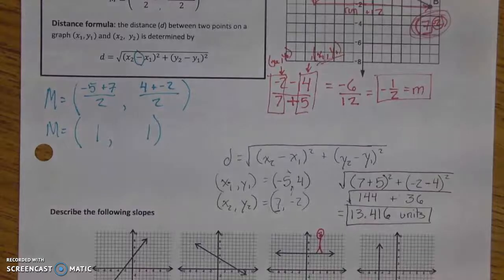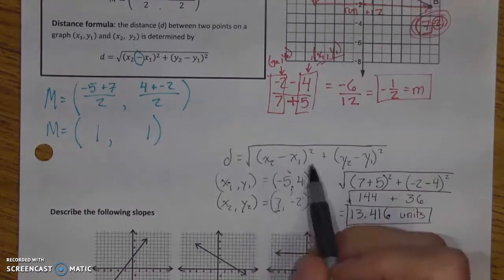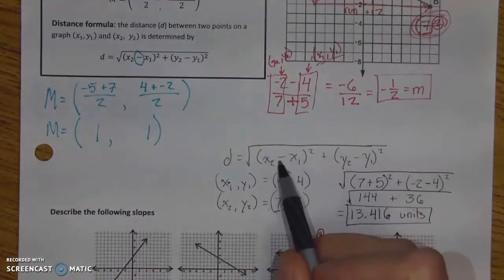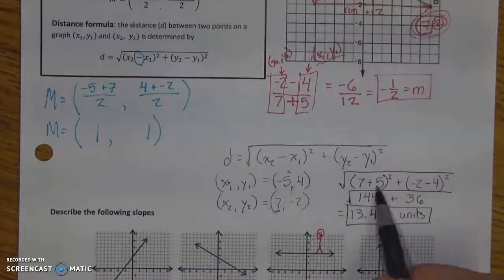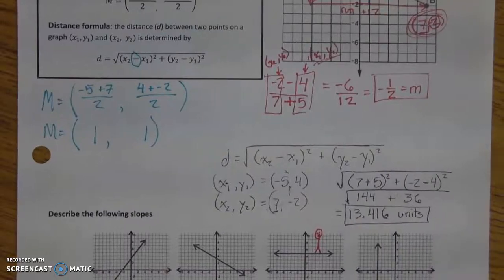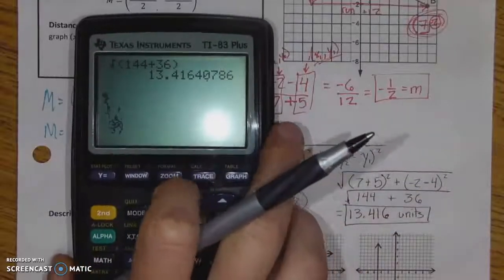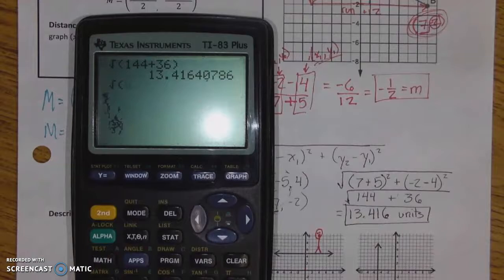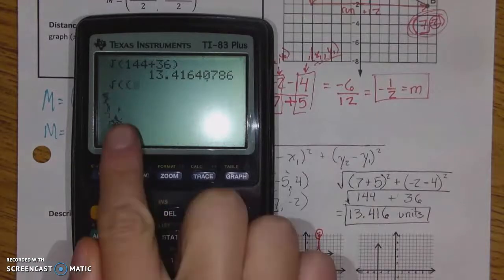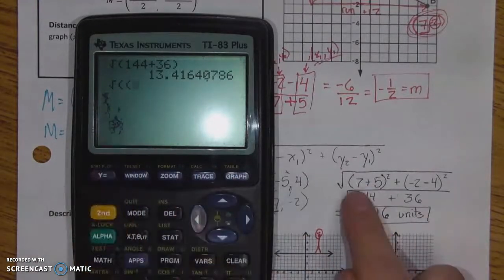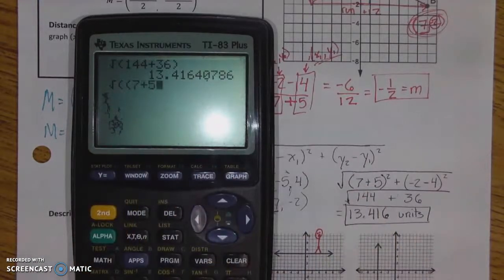Please be careful when you're using this formula that you don't mix up your x's and y's, you don't forget that negative sign, and you really watch order of operations. If you're going to type this in one go into your calculator, that is fully possible, but watch your parentheses. You're going to need a second set of parentheses inside to do the parentheses 7 plus 5.